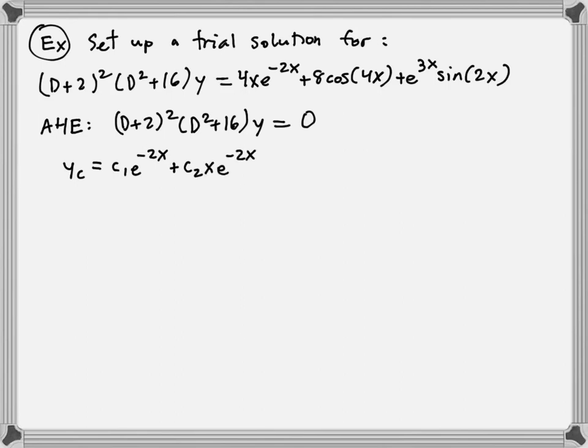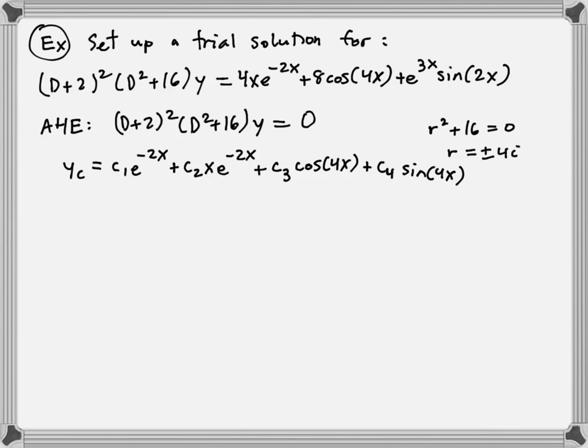So plus c2 x e to the negative 2x. And then if you solve r squared plus 16 equals 0, you get r equals plus or minus 4i. And so our next two are going to be c3 cosine of 4x plus c4 sine of 4x.